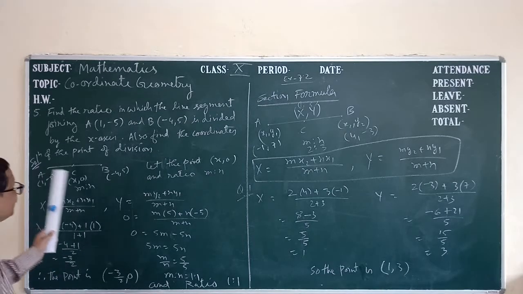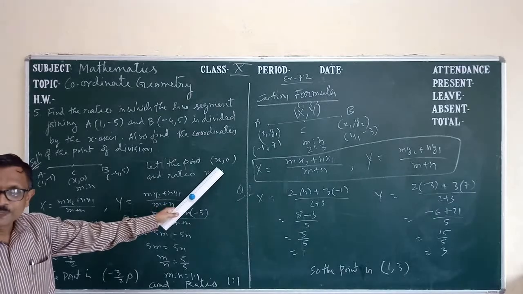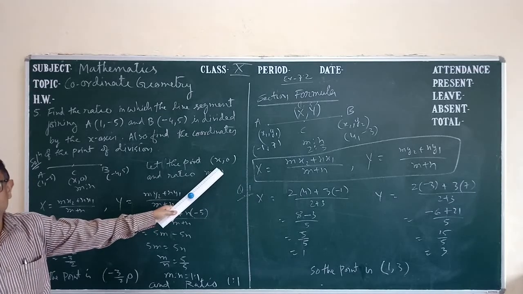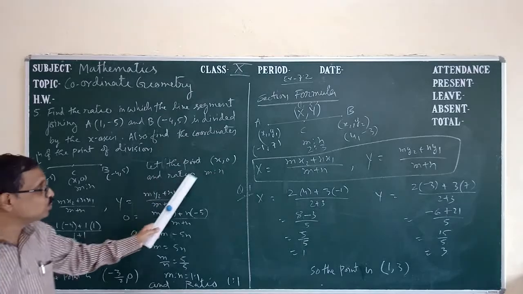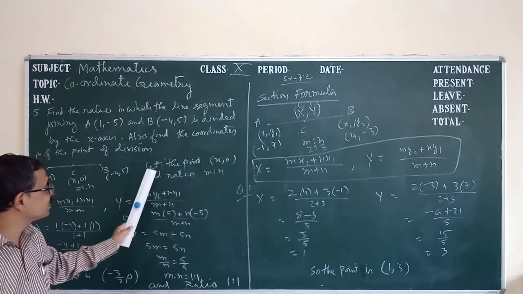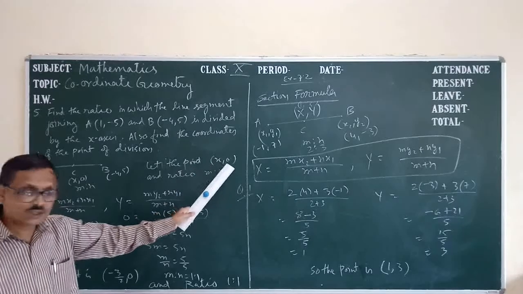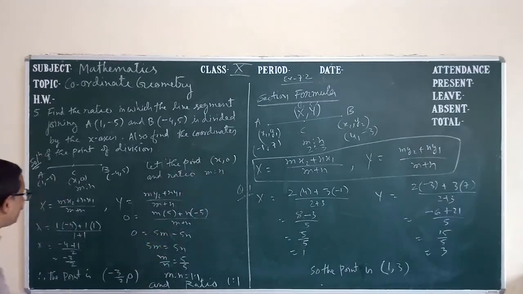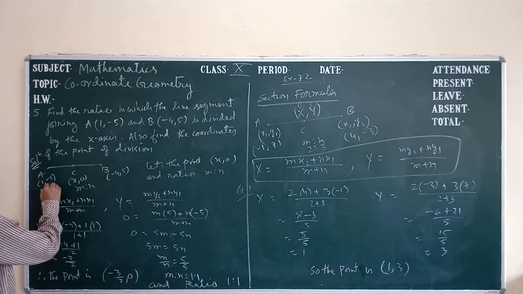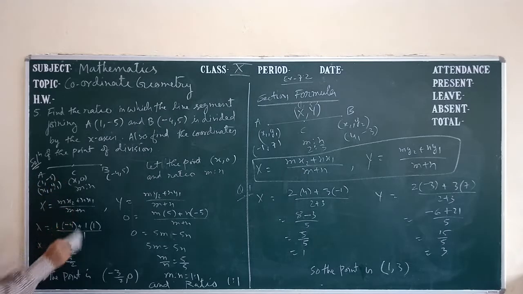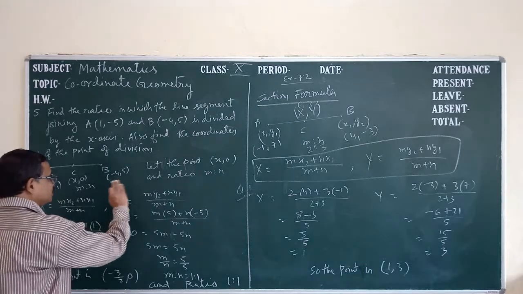So let the point be x0, because the point is on the x-axis, and the ratio is m is to n. Now A is given x1 y1, B is given x2 y2.